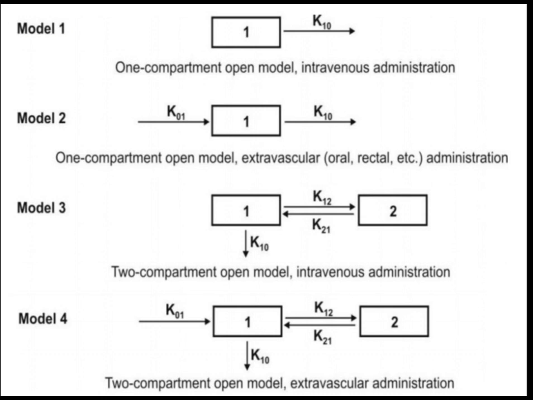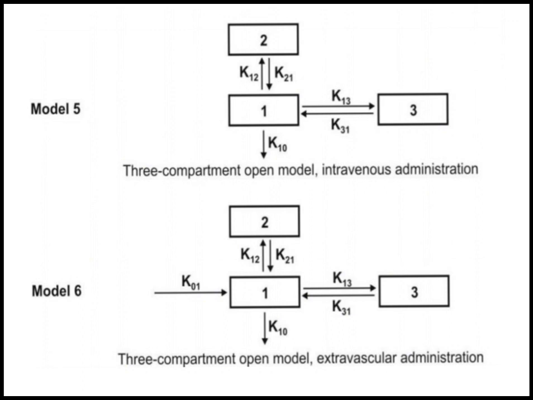Model 2 represents one compartment open model, extravascular administration. Model 3 represents two compartment open model, intravenous administration. Model 4 represents two compartment open model, extravascular administration. Model 5 represents three compartment open model, intravenous administration. Model 6 represents three compartment open model, extravascular administration.